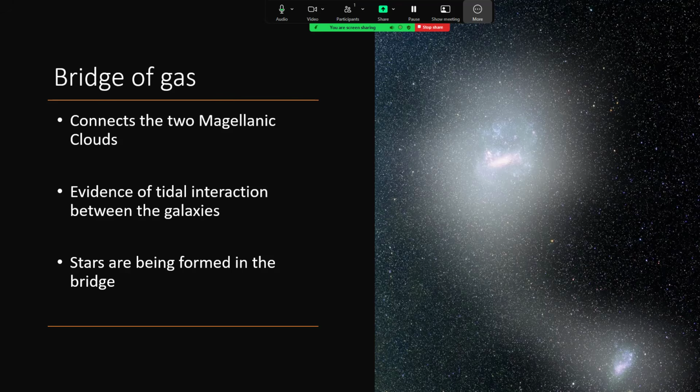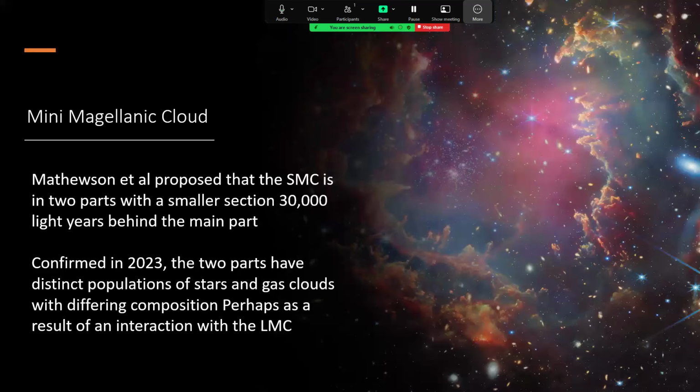And there are new stars forming in the collapse of gas in the tidal tail, in this bridge of gas and stars. And one further thing is that we might actually be looking at 3 Magellanic Clouds. Matthewson et al. proposed that this small Magellanic Cloud is actually split into 2 parts, and there is a smaller piece of it behind, 30,000 light years further away from us.